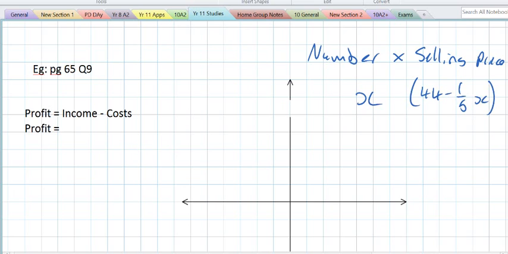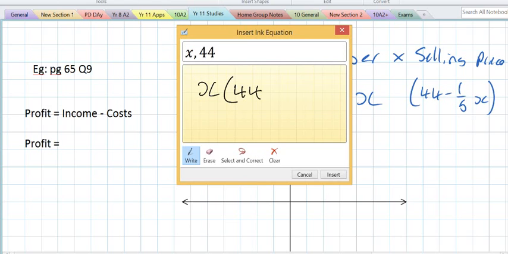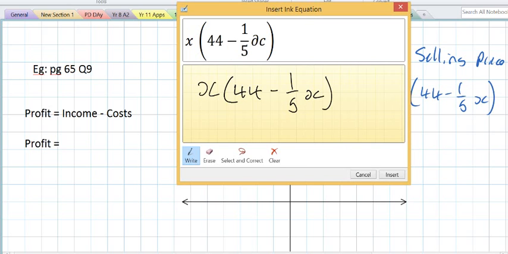So their income is going to equal x by 44 minus 1 on 5x.